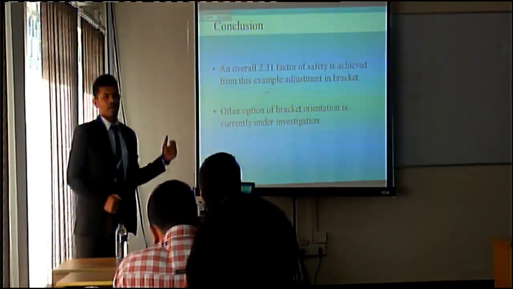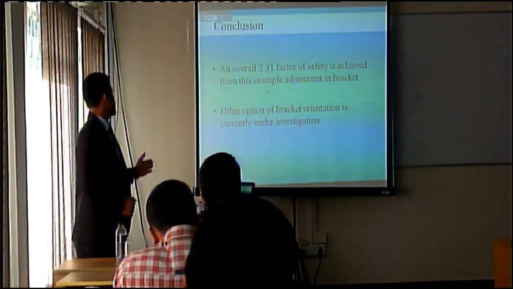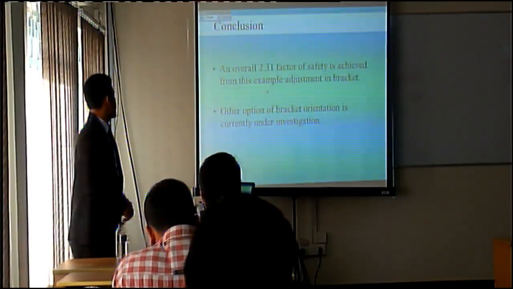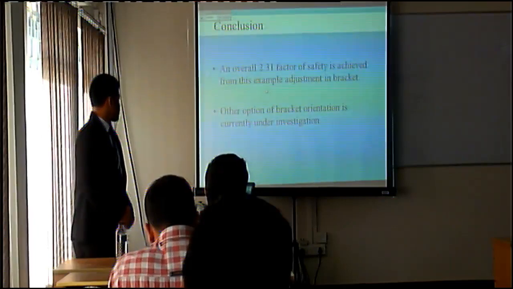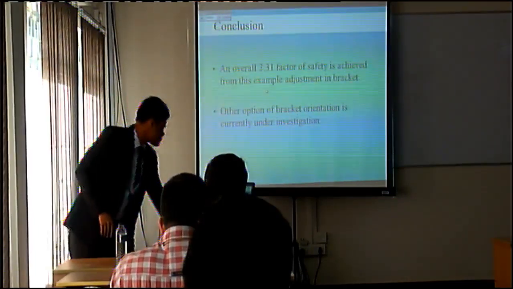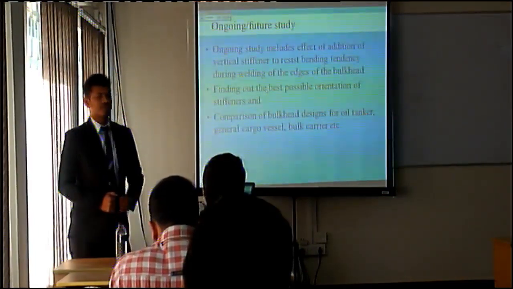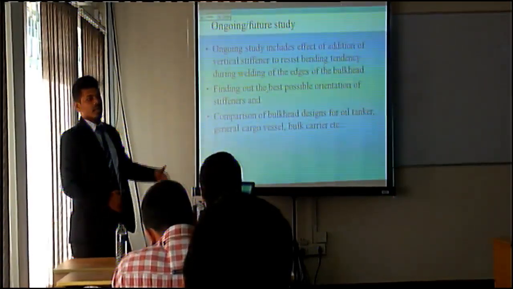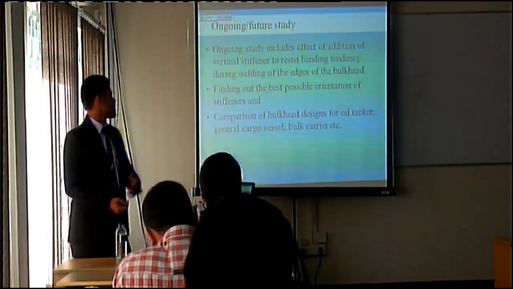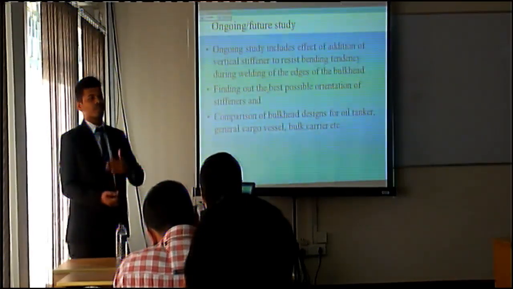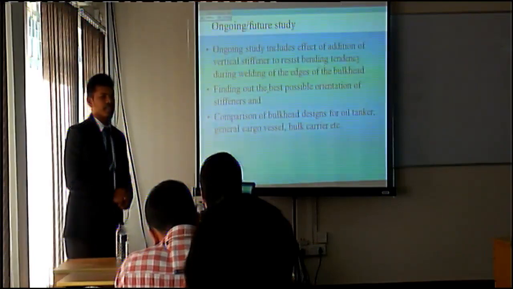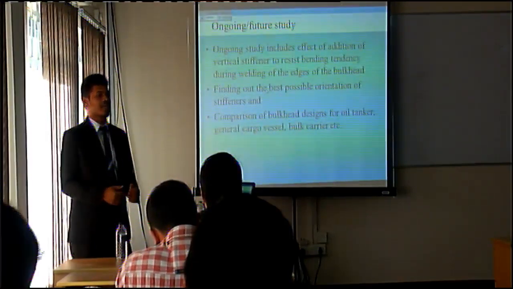From our analysis results, we got an overall factor of safety of 2.31 with a new modified bracket. We are not saying that it's the final design. We just proposed it. It's possible to modify the design to increase the factor of safety and get a more reliable structure.